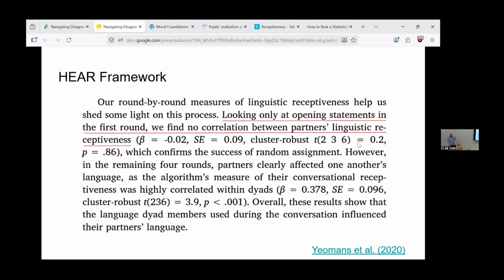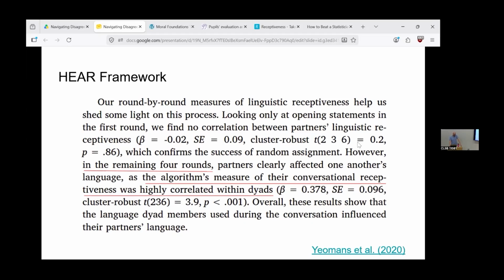And what they found was that if they looked at the opening statements, there was no correlation between the partners' linguistic receptiveness. But the algorithm's measure of the conversational receptiveness was highly correlated in the remaining 4 rounds.